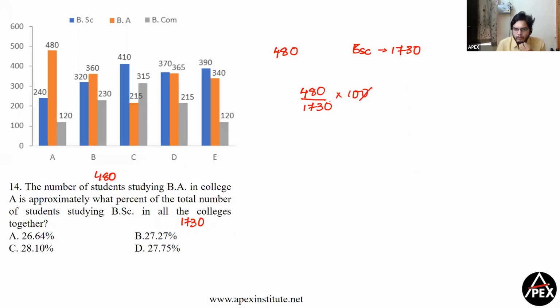Now the first thing I will do is we have 4800 by 173. Now, how should we solve this? In these type of questions, what I will do is I will first find what is 27 into 173.